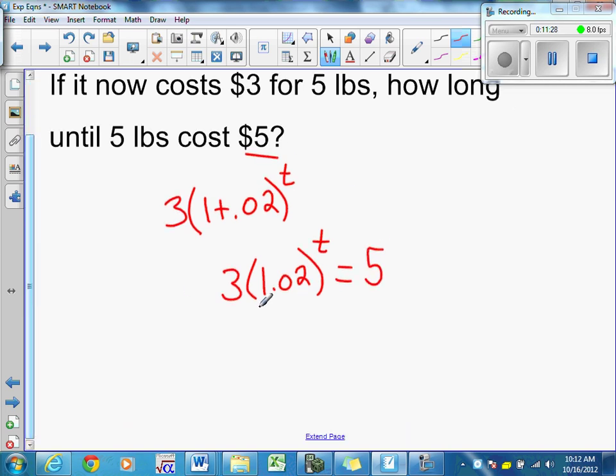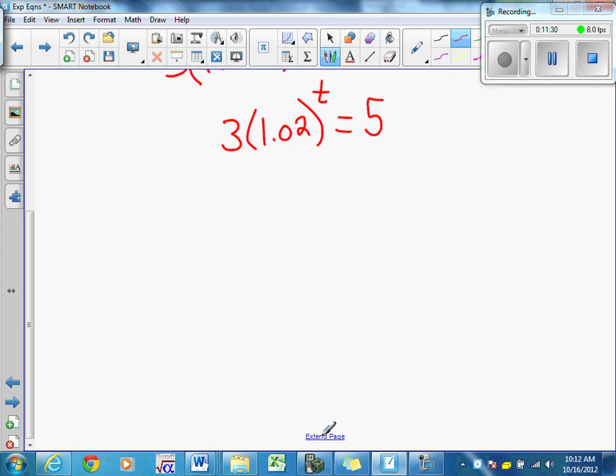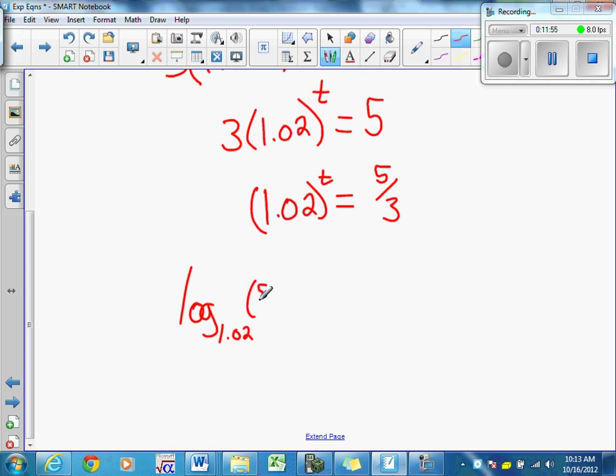Now, when we did this problem previously, we just guess and check. We get 1.02 to the t equals 5/3, and then we would just guess and check. 4, 4.1, 4.2, 4.15. We just can figure it out. Now we don't have to. Now we can rewrite this in logarithmic form, log base 1.02 of 5/3 equals t.